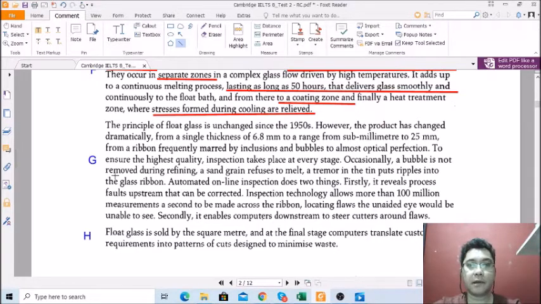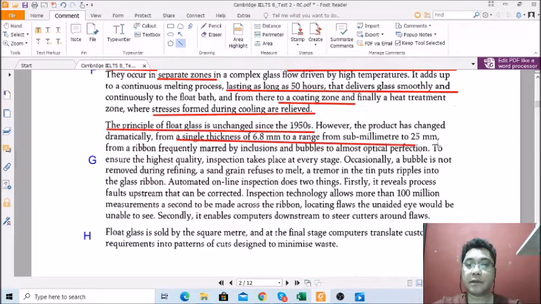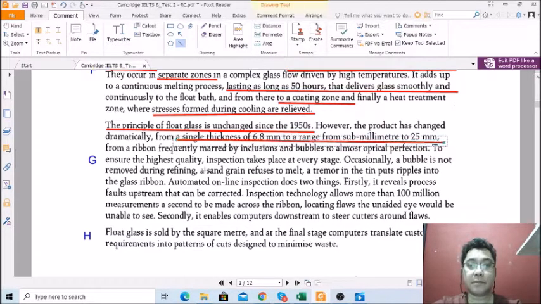Well, okay. Now let's see that in G, we see that the principle of float glass actually is still the same since the 1950s, and the thickness is always something that is interesting. So the product has changed dramatically. So the product's changed, but not the principle.